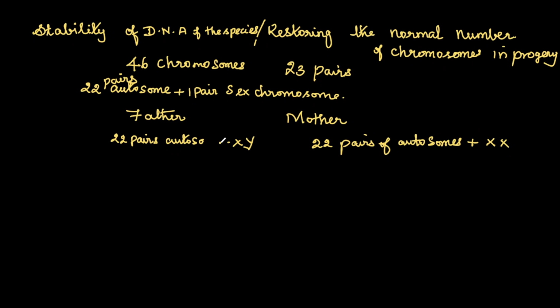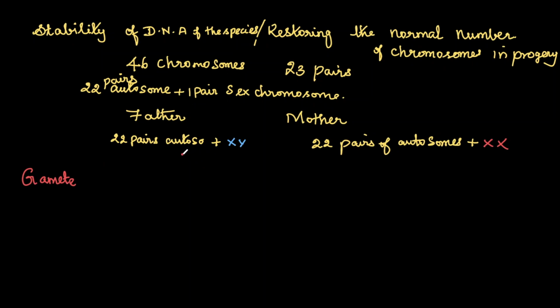So we can differentiate by the color. X, Y, X, X. During gamete formation, there is a reduction division.